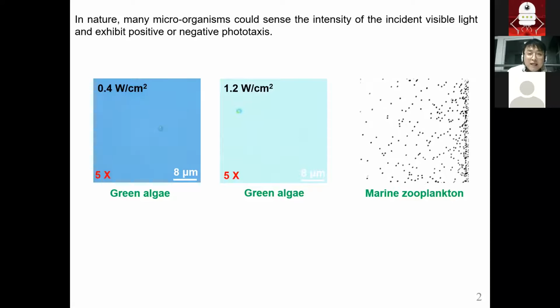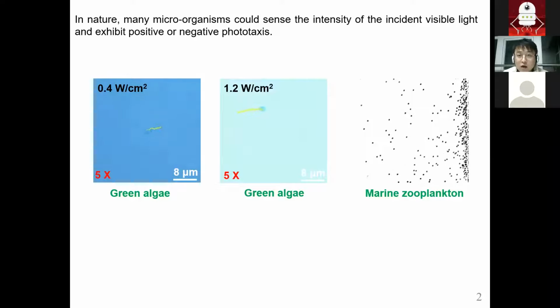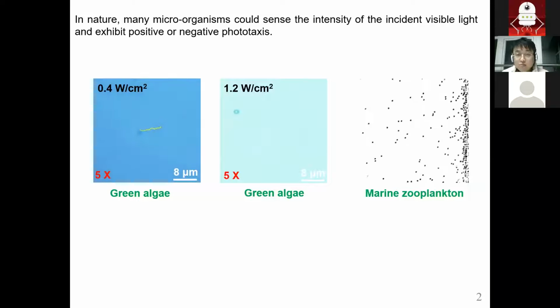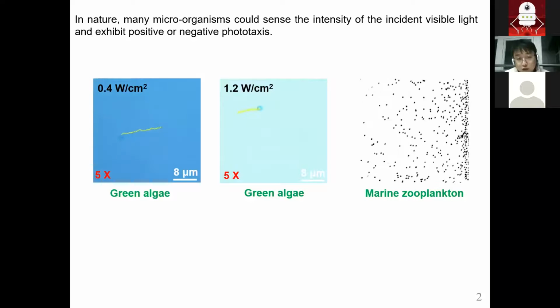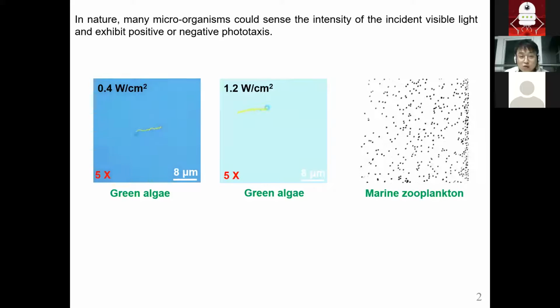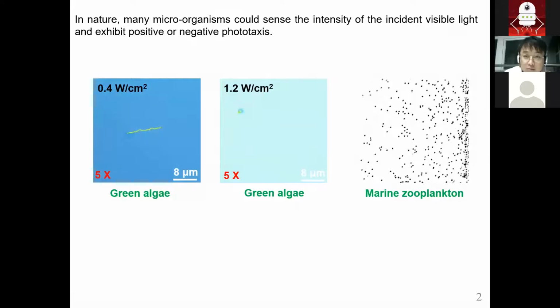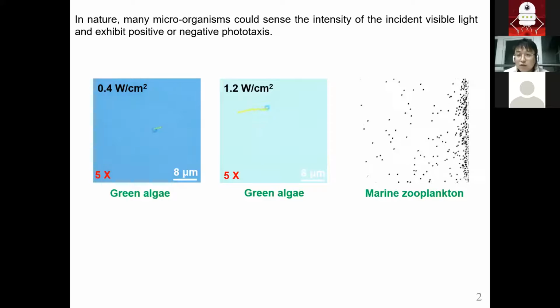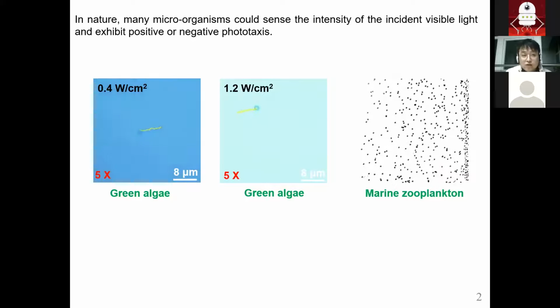However, unlike biological microorganisms possessing bidirectional phototaxis, it is still challenging to achieve a similar mimetic phototaxis for artificial micro and nanomotors.